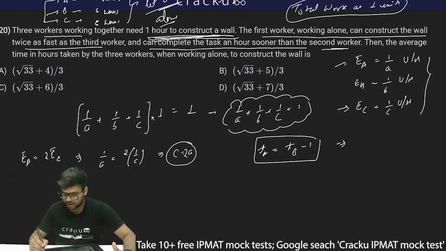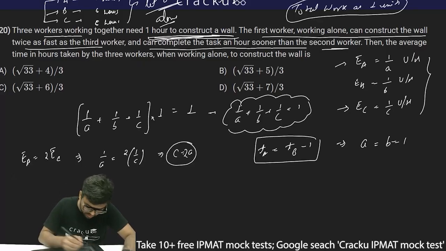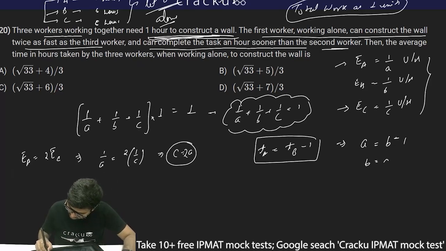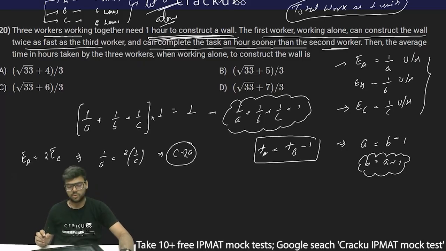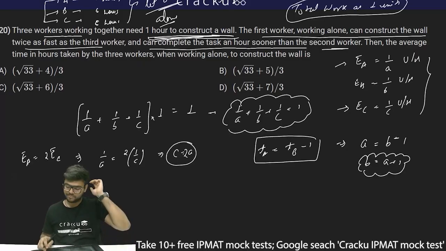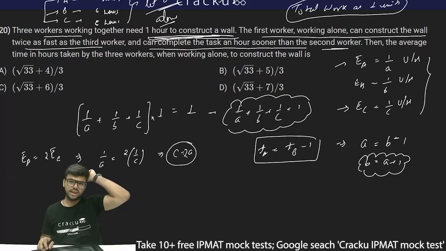The time taken by A is A hours and the time taken by B is B hours. So A is equal to B minus 1, or thus I can write B is equal to A plus 1, because B is taking 1 hour more than A when they are all working alone.